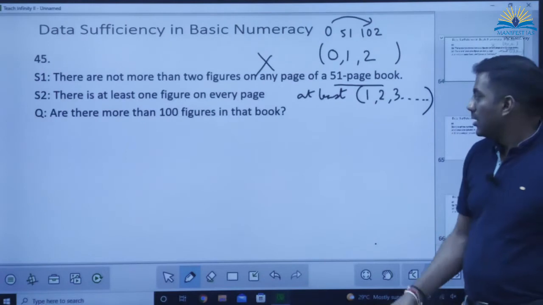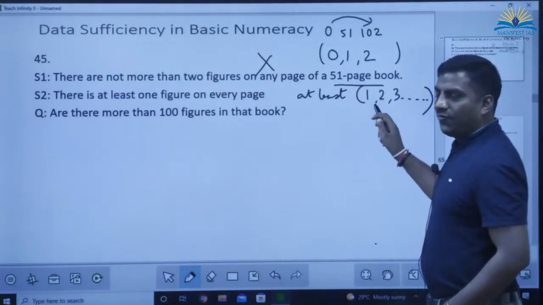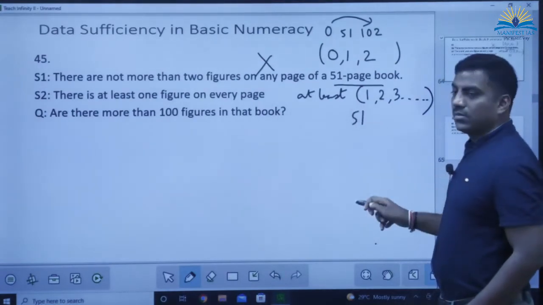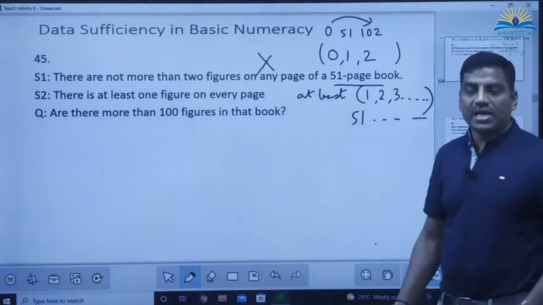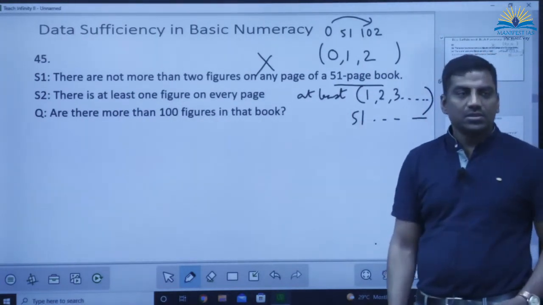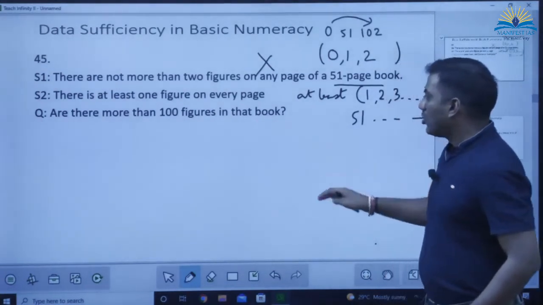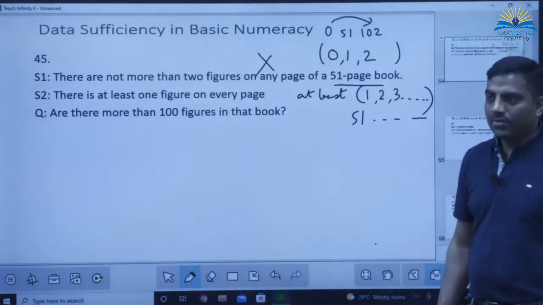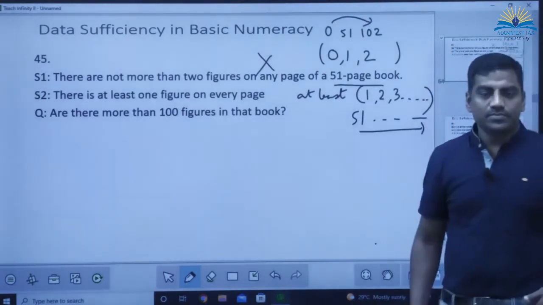So in this 51-page book, if I draw 1 figure a page, 51, there is no end for it. I can have any number of figures in that book. Now tell me, are there more than 100 figures in that book? Quickly. Can't say, because the range starts from 51 and it can go to 1 lakh also.